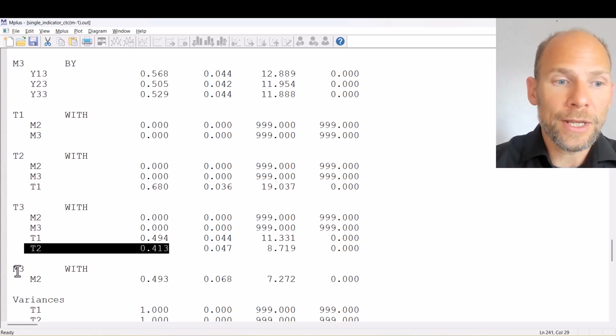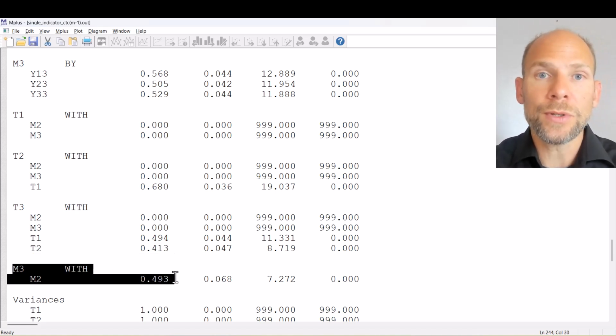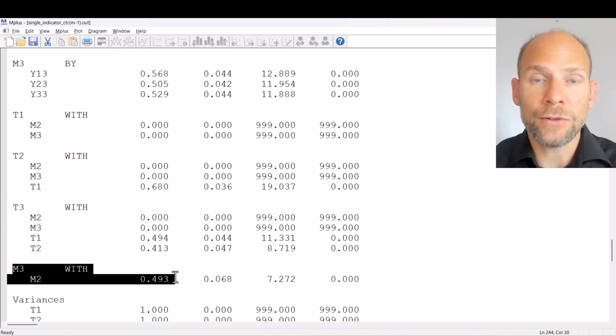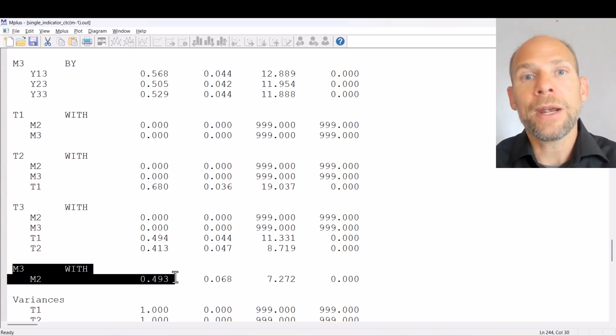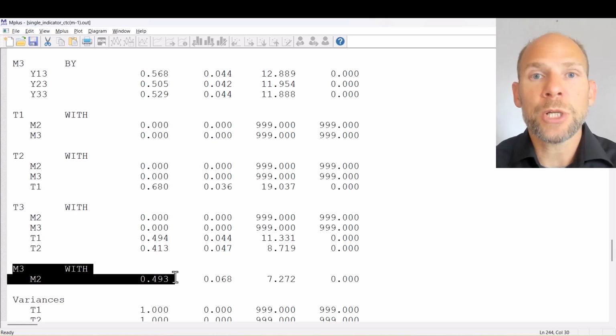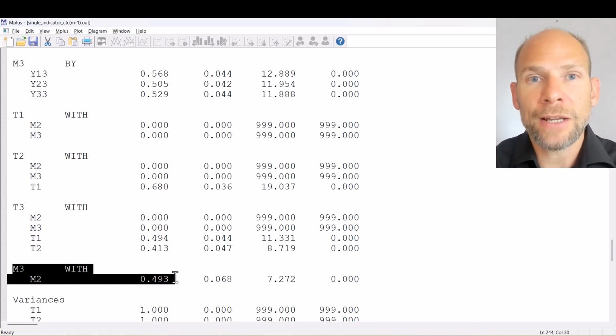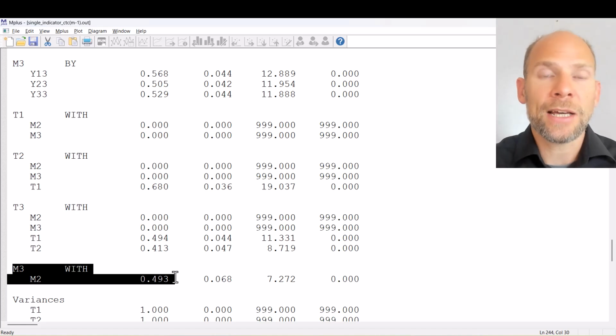Also, we get the correlation between M3 and M2, so that is the correlation between the parent and peer method factors, and that correlation indicates that the method effect generalizes, so to say, across these different raters, or we could say parent and peers have a shared perspective that deviates from the perspective of the self-report, because remember that the method factors reflect views of the parent and peer raters that is distinct or that is not shared with the self-report.